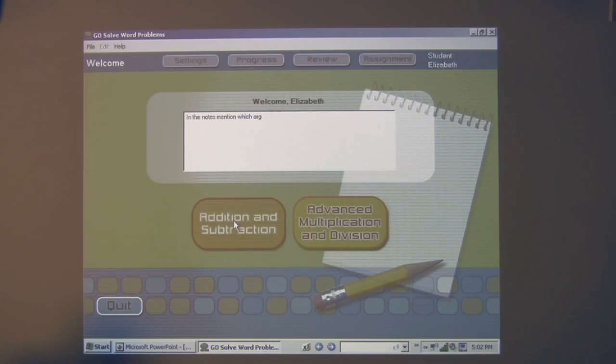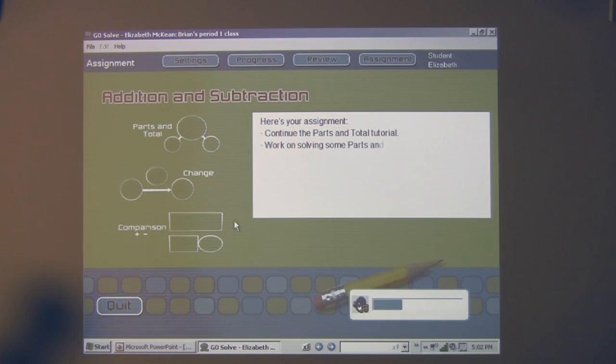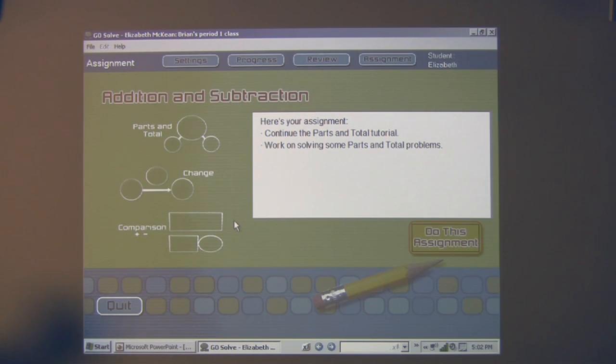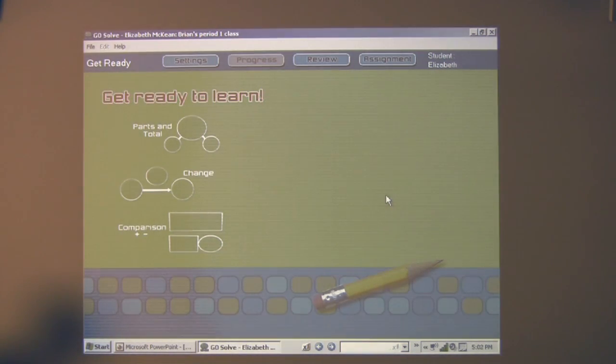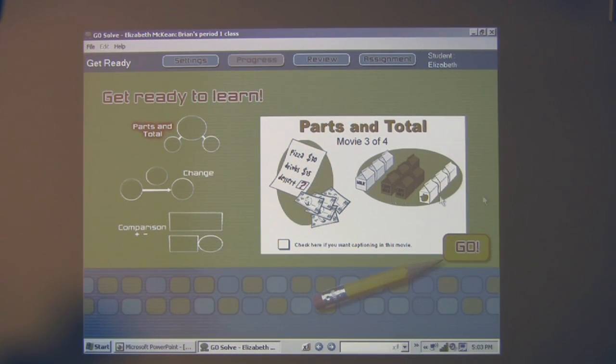Now we're going to begin with the anchored instruction video. So I'm told what my assignment is. And you'll see here it has text captioning built in. There are a lot of different accommodations in this program for students who have any type of special need.